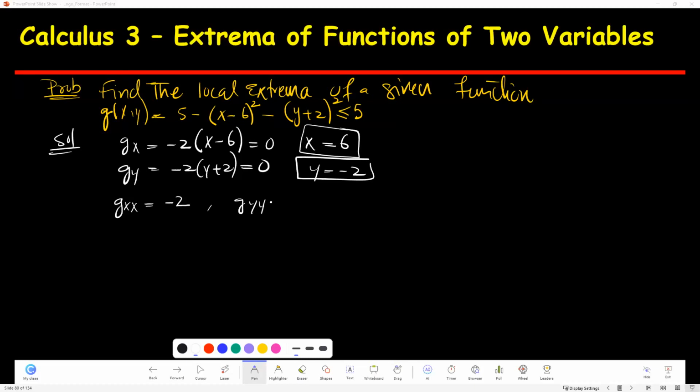Gyy equals minus 2 as well. And gxy equals 0. When I take gx with respect to y, nothing is left, so I have three things. I'm ready to substitute in my discriminant equation or second test. I'm going to say here minus 2 times minus 2 minus 0, and this equals 4, which is bigger than 0.